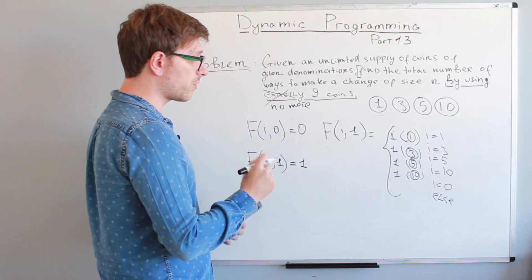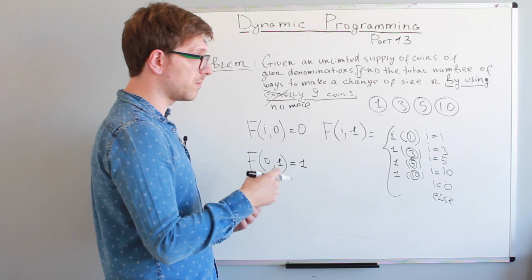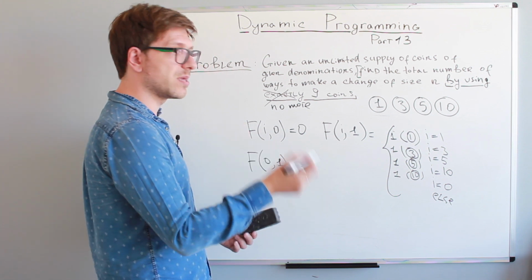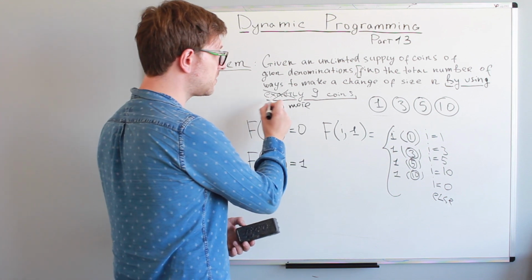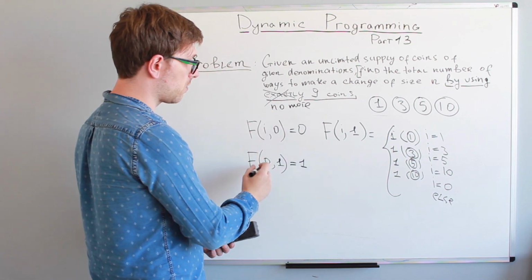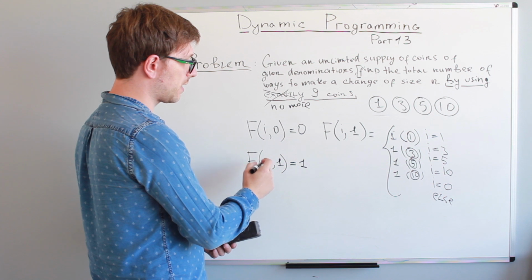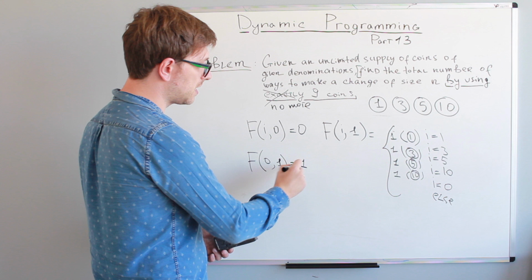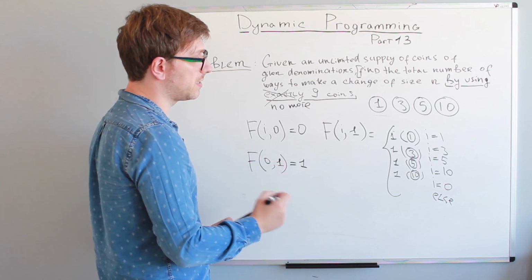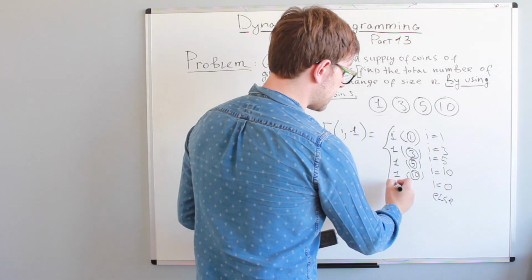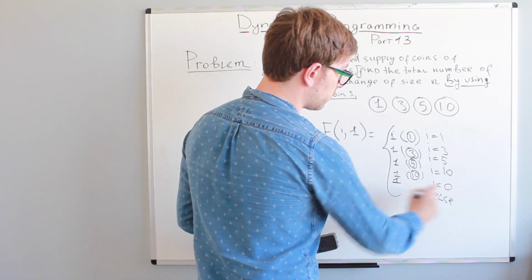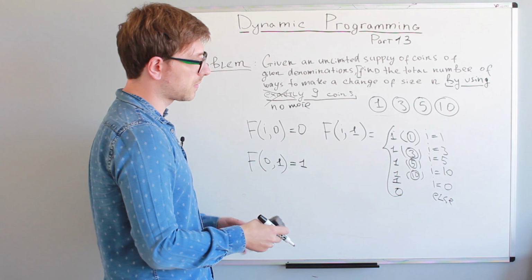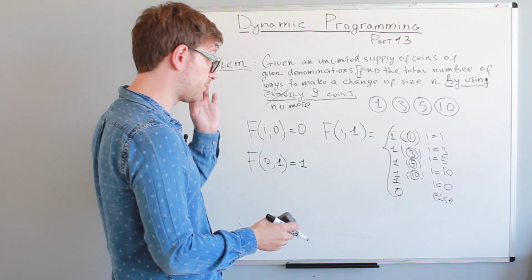Because we don't have to use that coin because the requirement is no more than one coin. In the previous problem, we had to use exactly one coin. So if we were to answer this question by using the exactly notation, then this result would be 0. So in this case, this is 1, and all the other use cases are 0 because we don't have those coins, so which is why it's 0.